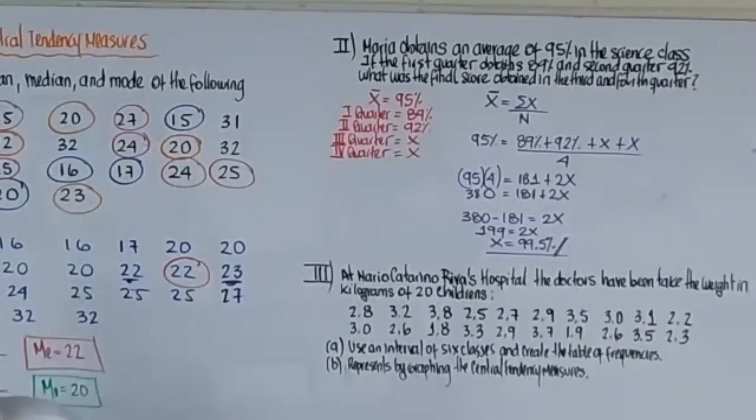What does that mean? When I'm saying representing, graphing the central tendency measures, obviously we must calculate the central tendency measures: the mean, the median, and mode, right? But graphing means you have to create the frequency table, the histograms using the accumulated frequency, the absolute frequency, and obviously the pie diagram or circular diagram.